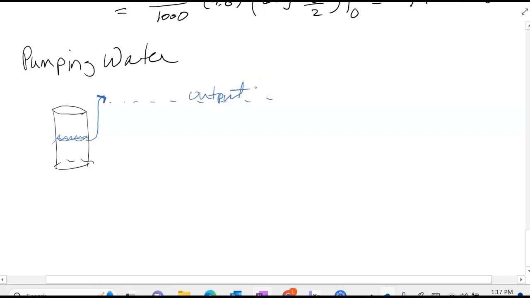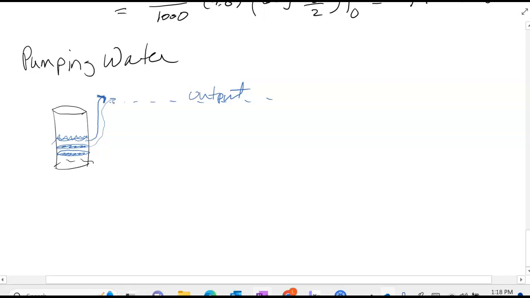So this one's kind of interesting. The idea behind it is you're taking these cross sections, right? All cross sections. And you're moving each cross section into the new container. Now there's a lot of different parts we need to do that, but the formula is still going to look very similar.